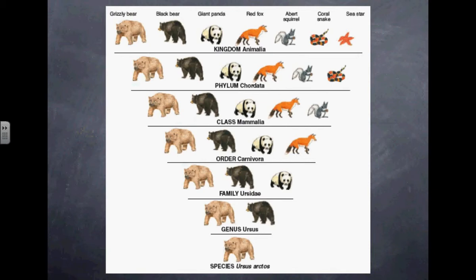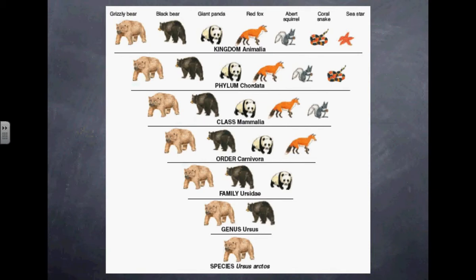Okay, if we go down another step further, we go down to family. Family Ursidae. Ursidae is the bear family. Does anyone know the name of the constellations? You know what the Big Dipper is called? Lena? Ursa Major, yes. And it means the great bear. Ursidae is the family of bears.